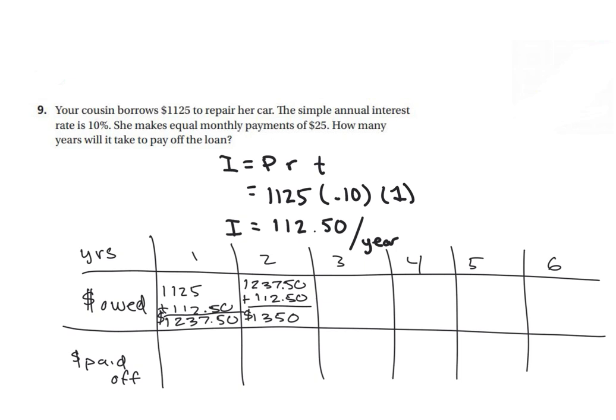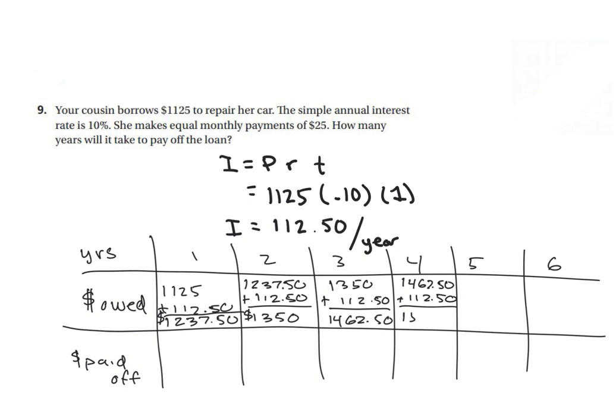If a third year passes, $1,350, that's how much we owe, plus another $112.50. So after a third year, we now owe $1,462.50. We'll continue this process of adding $112.50.